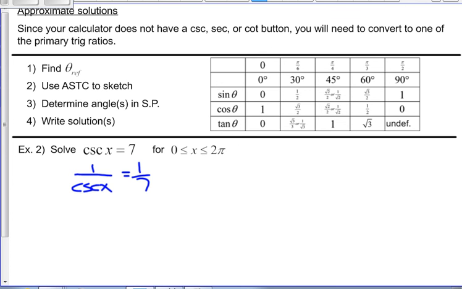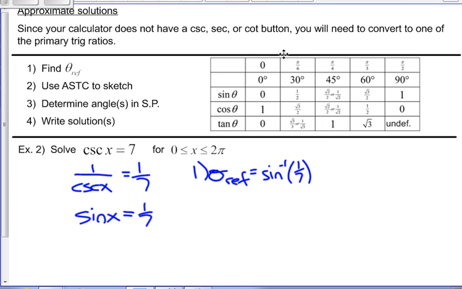Now, 1 over cosecant x. Cosecant is a buddy with sine. So 1 over cosecant is the same as sine x. At this point, we can get the calculator's help, but not before. Now we can go and find theta ref, which is going to be the inverse sine, or arc sine of 1/7.